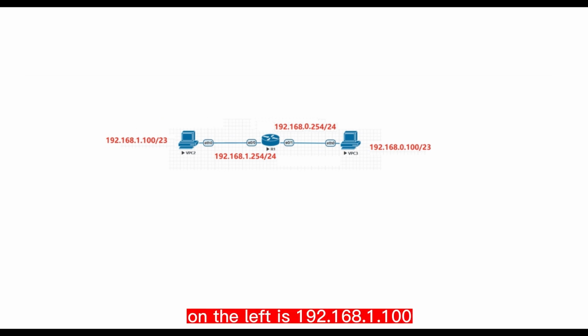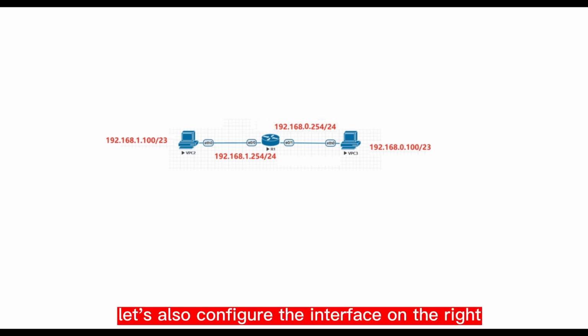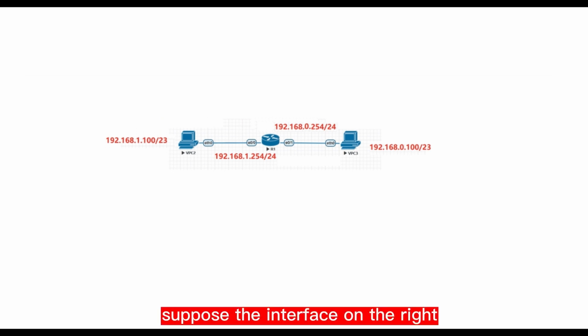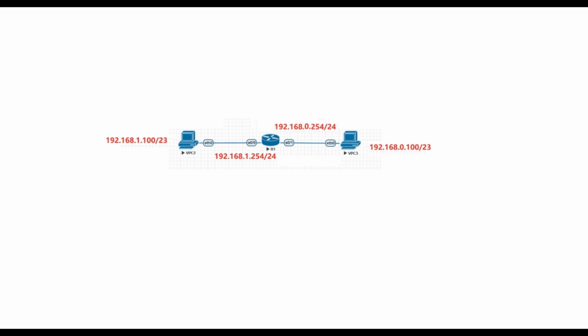On the left is 192.168.1.100. On the right is 192.168.0.100. Let's also configure the interface on the right. Suppose the interface on the right side of the router is 192.168.0.254.